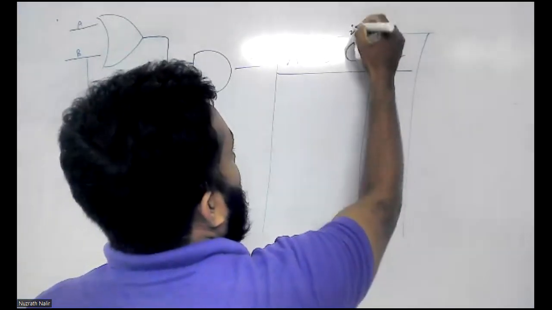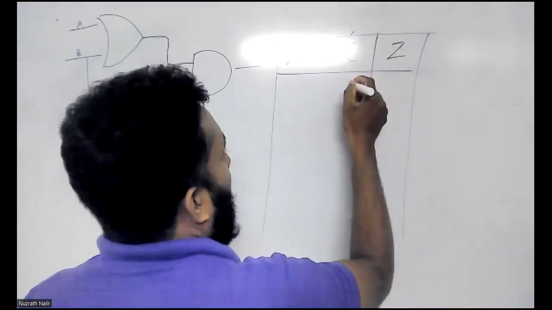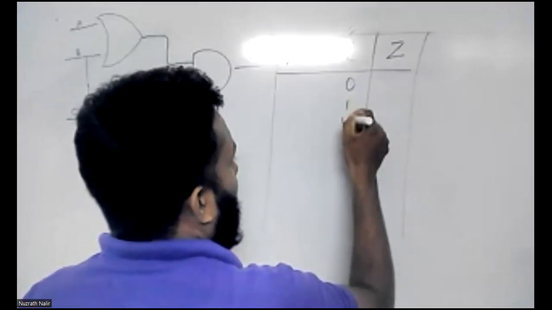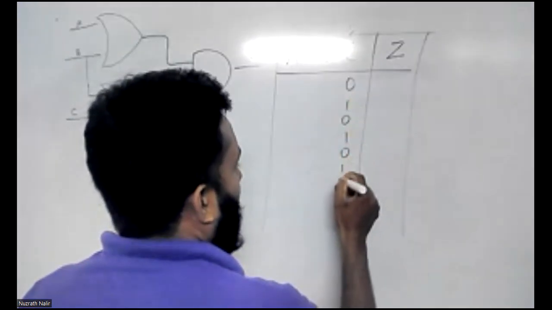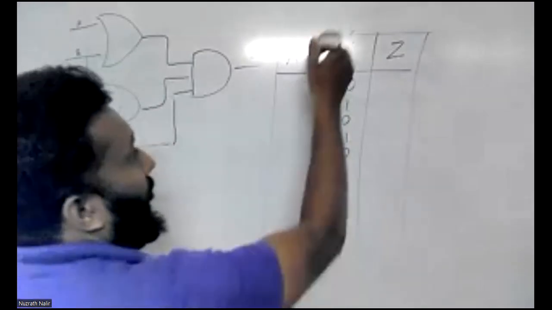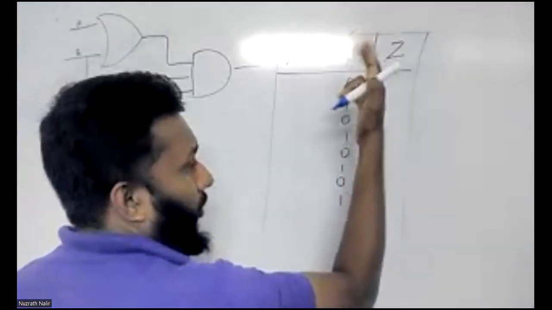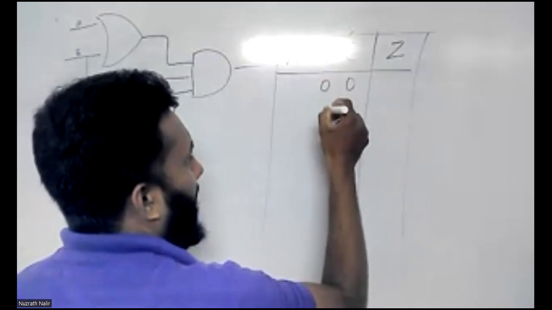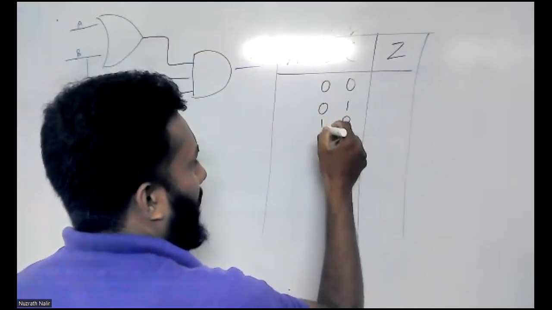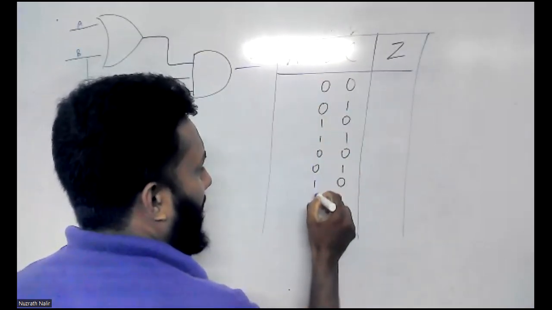This is 2 to the power 0, which means one input: 0, 1, 0, 1, 0, 1, 0, 1. Then 2 to the power 1 gives two combinations: 0, 0, 1, 1, 0, 0, 1, 1.